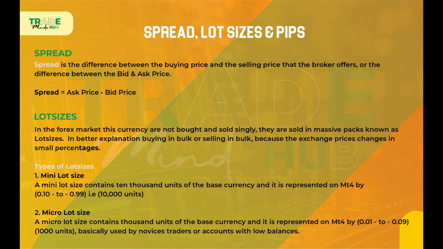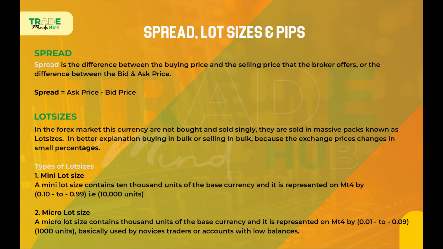So if you use 0.99, it means you're buying 99,000 units of the Euro USD, that means the Euro. Or if you use 0.99 and you take a sell, it means you're selling 99,000 volume of the what? Of the Euro.